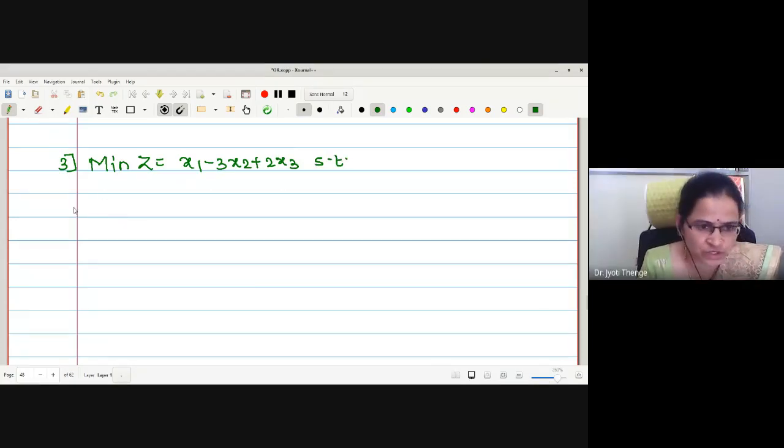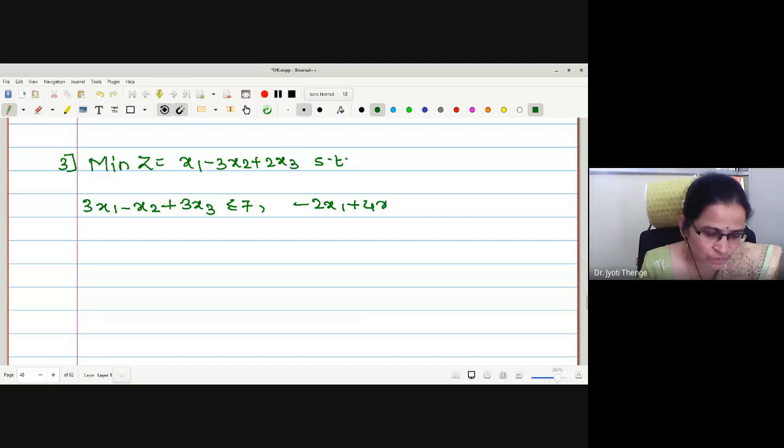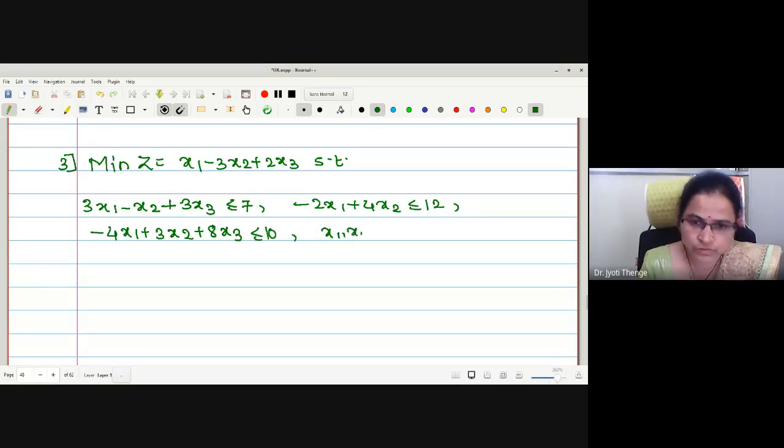Minimize z subject to 3x1 minus x2 plus 3x3 less than or equal to 7, minus 2x1 plus 4x2 less than or equal to 12, minus 4x1 plus..., and x1, x2, x3 non-negative. Okay, let us start.